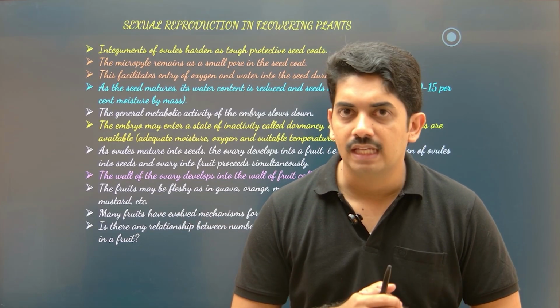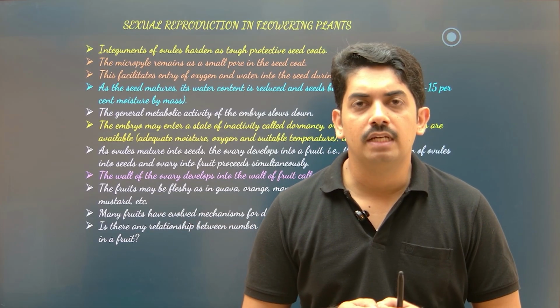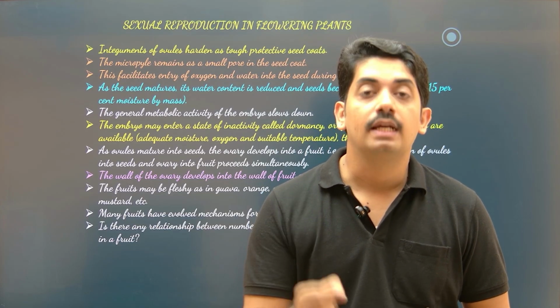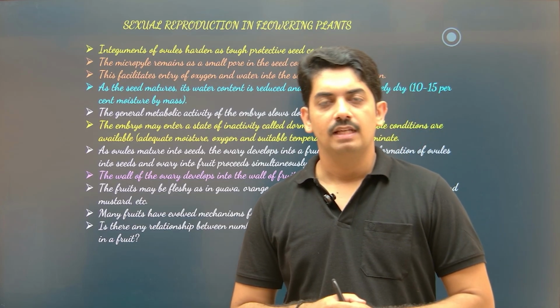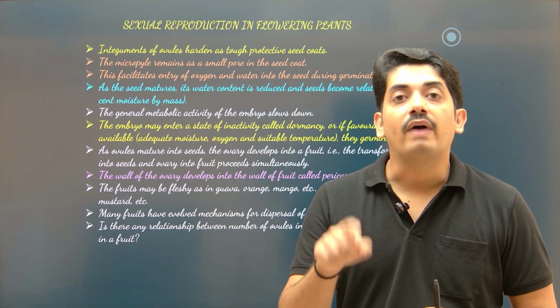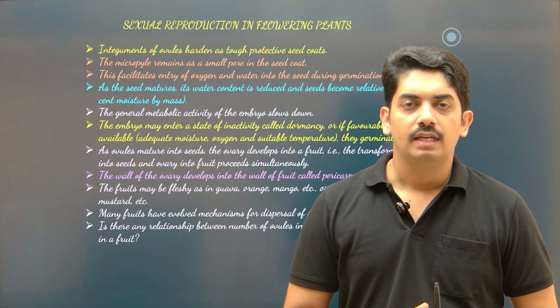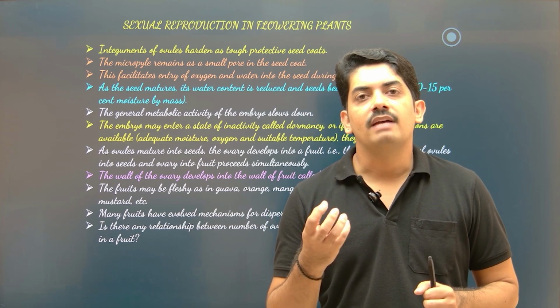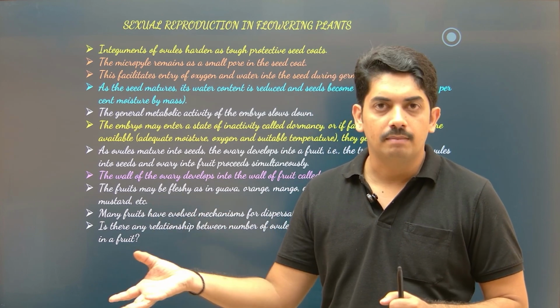So in most cases, the produced seed will retain very little water, 10 to 15%, and undergo dormancy. What is dormancy actually? It is an inactive viable time of the seed. Inactive viable means what? Seeds are viable. They have the ability to germinate on onset of favorable condition.